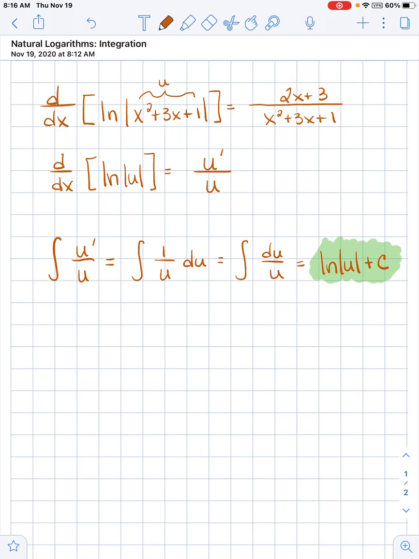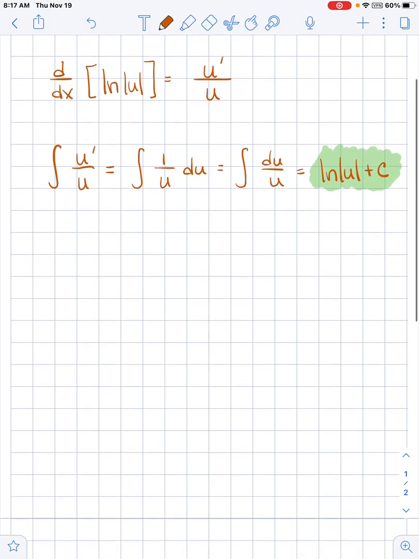Okay, let's do an example. Today's going to be mostly examples and just looking at different forms. I'll do the first one with you and then I'm going to let you try the second one. If we look at a problem like this, mostly what we've done in the past is we've said, well, let's just bring that denominator up to the top.